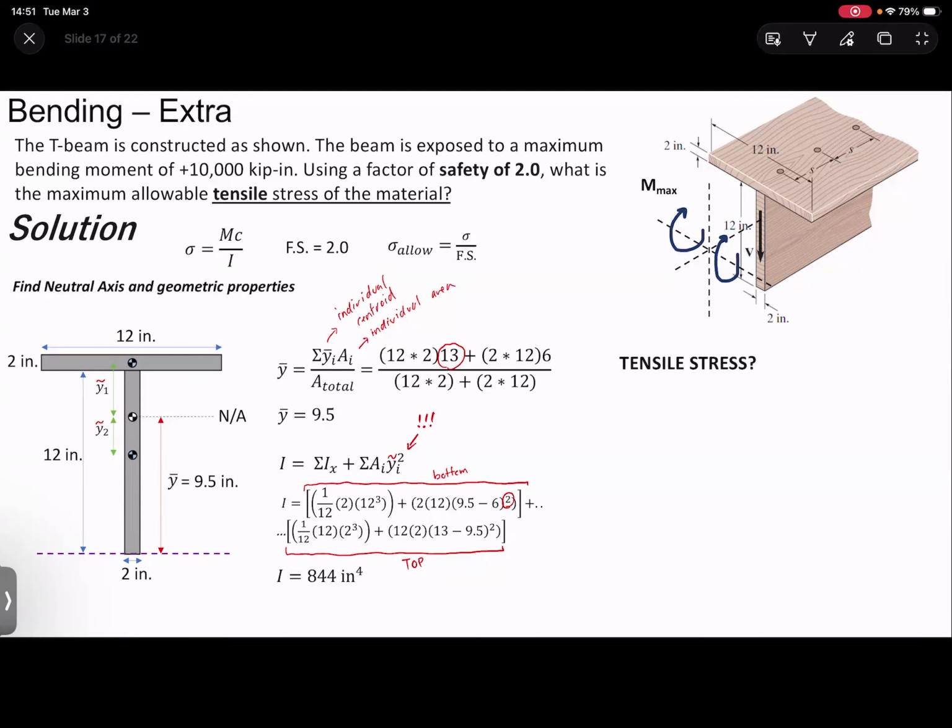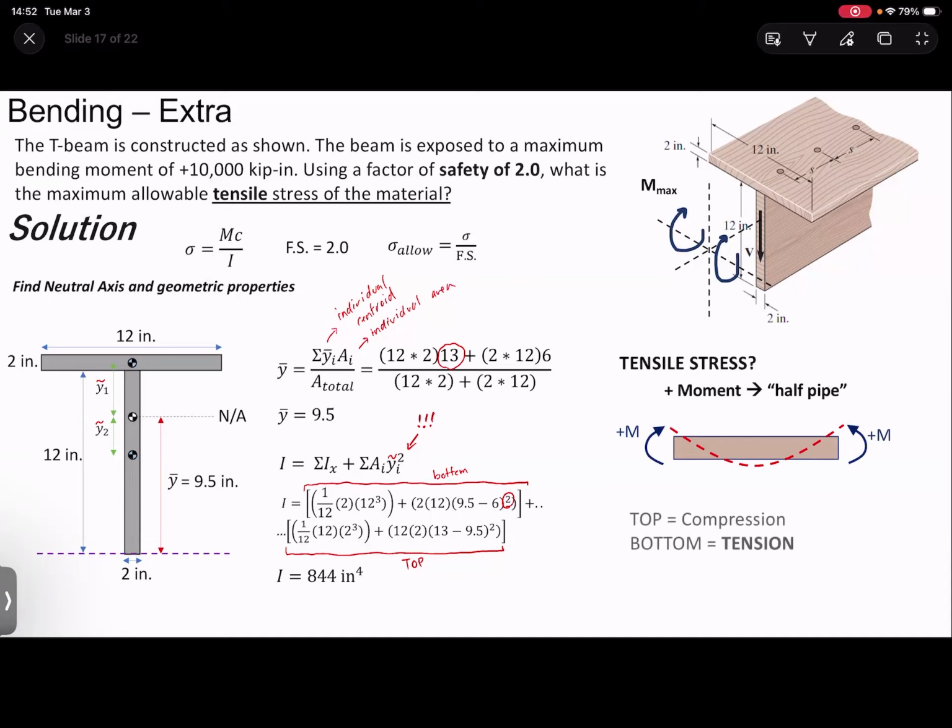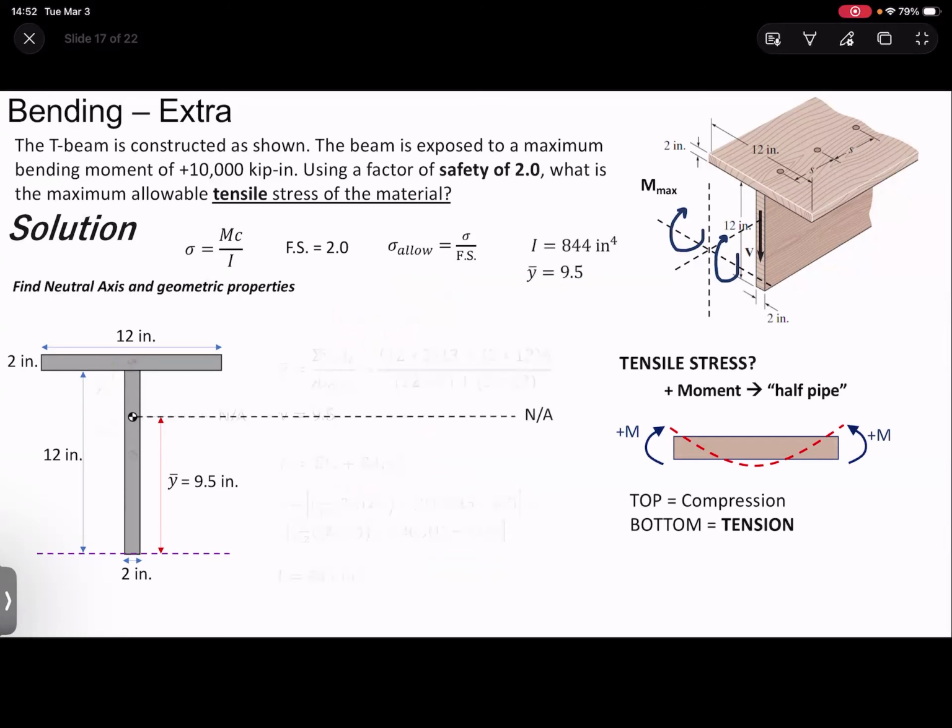Okay, so we're asked to find the tensile stress of the material. Remember, a positive moment, as shown here, produces a half pipe. So this means it looks like this, which means we have compression on the top and tension on the bottom, right? So if we care about the maximum allowable tensile stress, would we care about the top or the bottom?